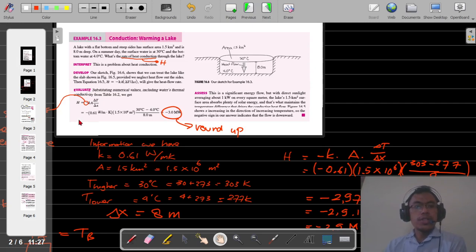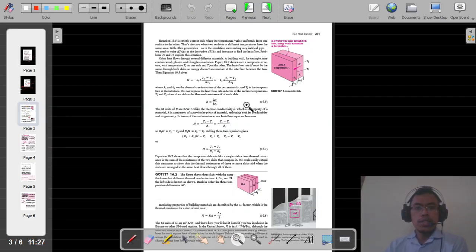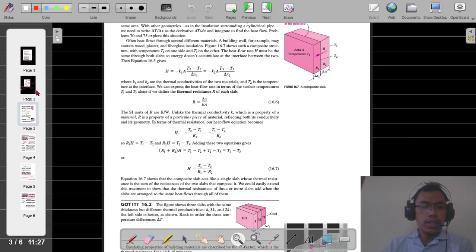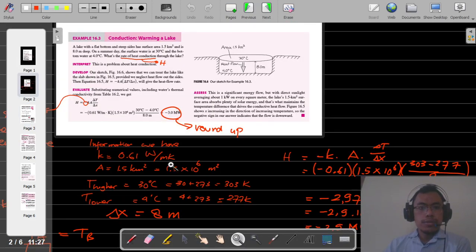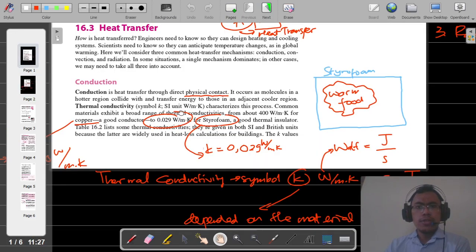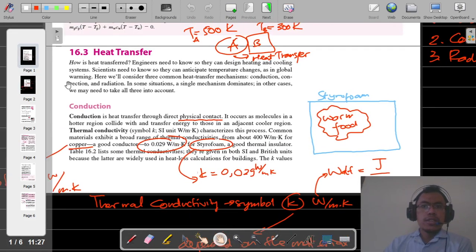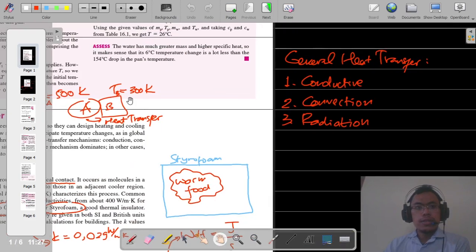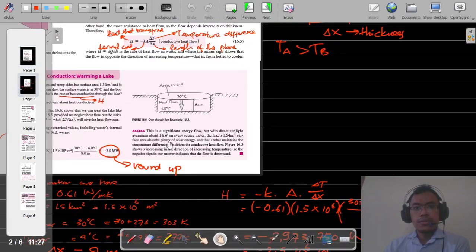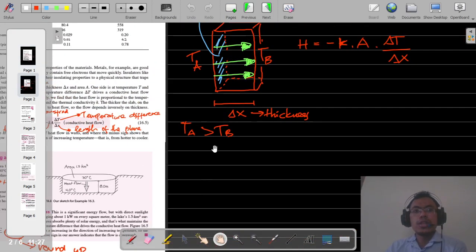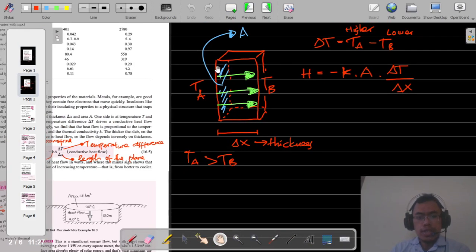After this video we are going to learn about the composite wall, because in this concept of conduction we only use one kind of material, so we only have one K in our calculation.